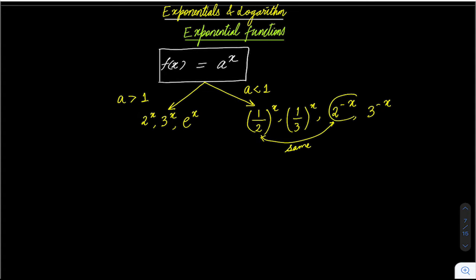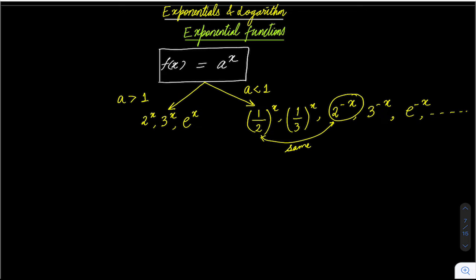They can write 2^(-x), or 1 over 2^x, or (1/2)^x, or e^(-x), and so on. So there will be mainly these two types of exponential functions: one where a is greater than 1 and one where a is less than 1.